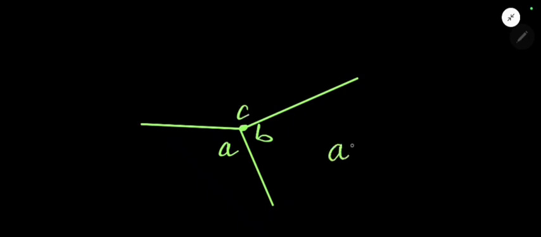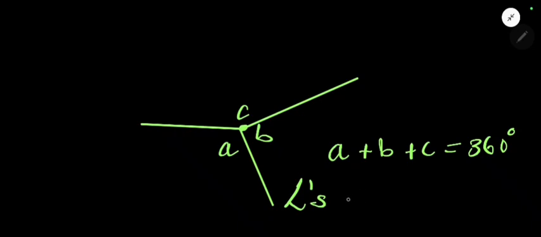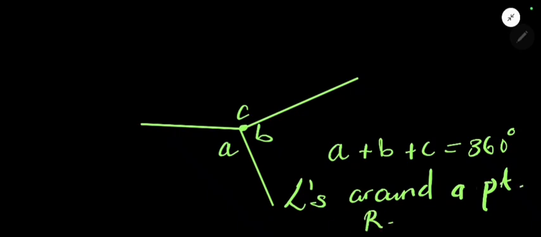You can simply conclude that angle A plus angle B plus angle C, all of them give you 360 degrees. And what is your reason? Angles around a point. Or you can just say rev.